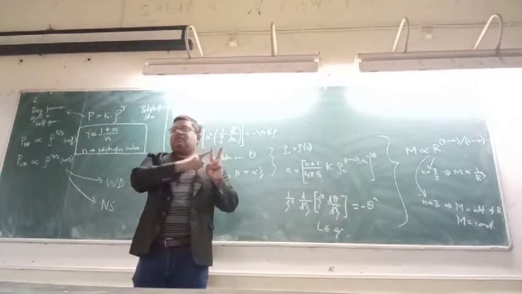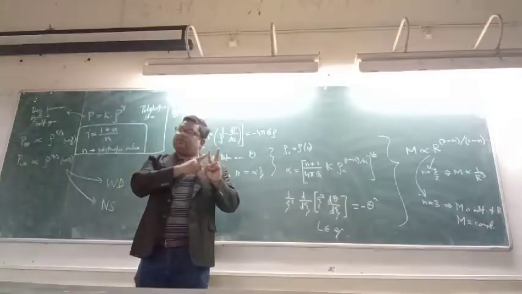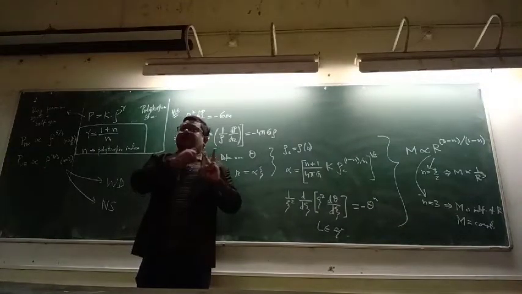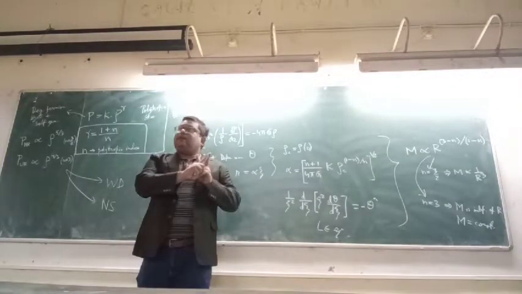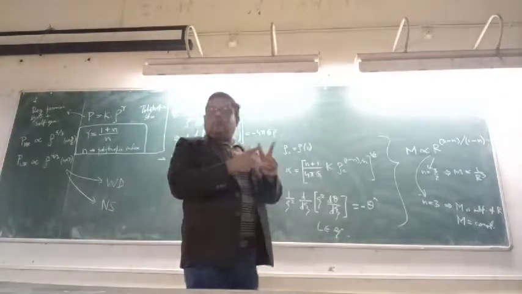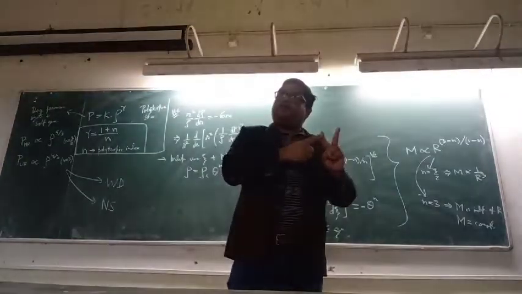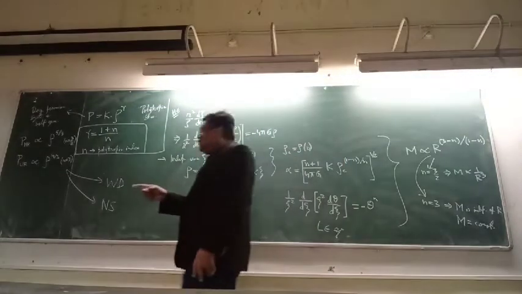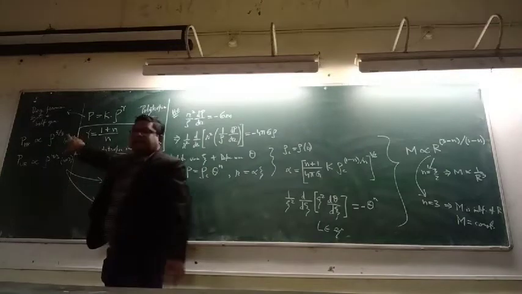One is when we have electrons providing the degeneracy pressure, and another is when we have neutrons providing the degeneracy pressure. So one object is a white dwarf, another object is a neutron star. But in both of these cases, we have this identical scenario.